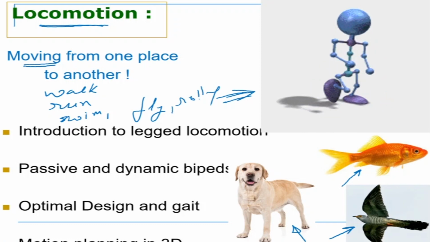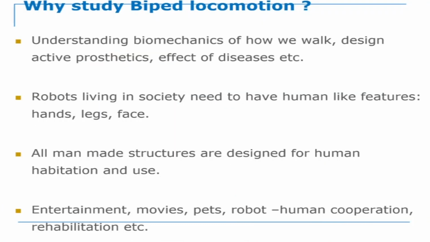Before we proceed, we should understand a few points. First of all, why do we need to study biped locomotion? Of course, we want to do research and build robots that can behave like humans. That's great, but why are we studying biped locomotion?